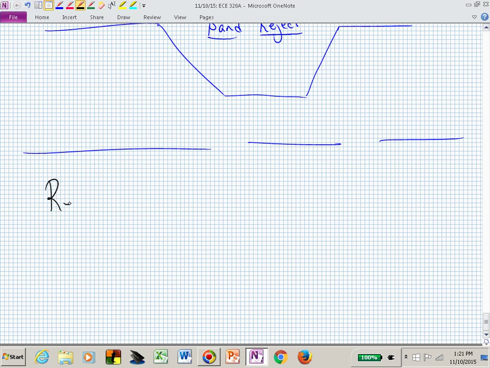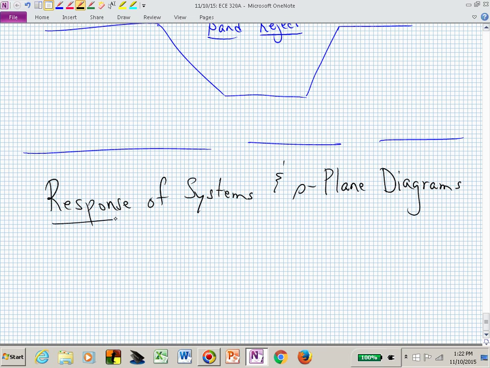Let's now look at how we might think about the response of a system or systems, and a way to conceptualize these might be with respect to poles and zeros in the S-plane, or S-plane diagrams.